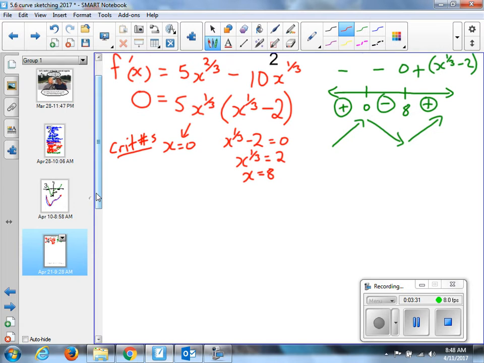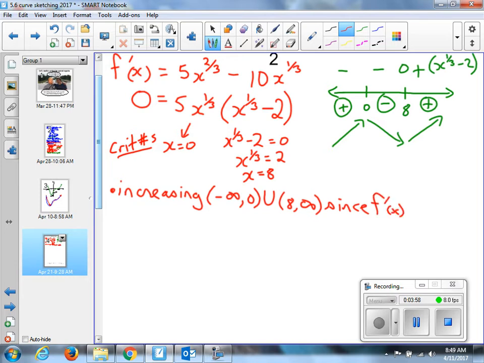Let's do the increasing. It's increasing on the intervals negative infinity, go from left to right, to 0, in union with 8 and up. How do I know that? It's because the first derivative is greater than 0.